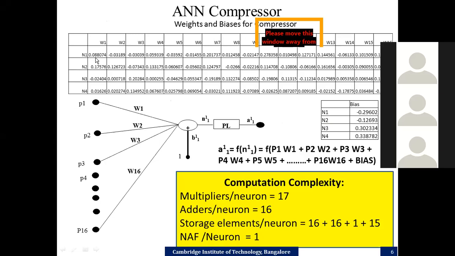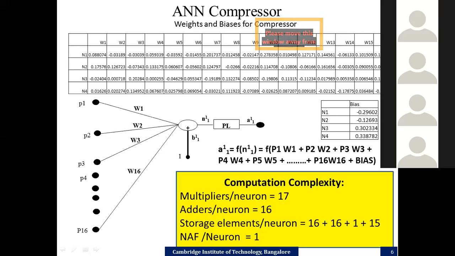Only the weights change: for the first neuron, the weights are minus 0.88 and so on till 0.133234. For the second neuron, the inputs remain the same, but the weights are going to change compared to the first neuron.